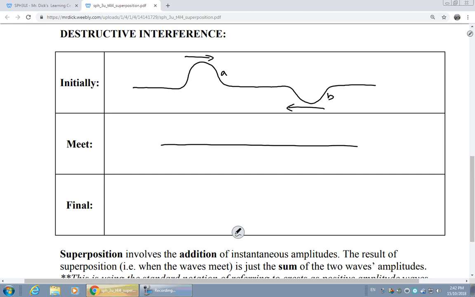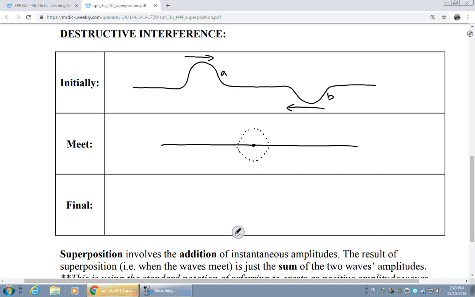But we should still identify that it would only be for one split second at one particular location where that would occur. So at one particular location, there'd be one spot that would represent right in the center of those pulses. And what we're really seeing is that our upwards pulse and our downwards pulse, in other words, our crest and our trough, are overlapping one another but canceling one another out.